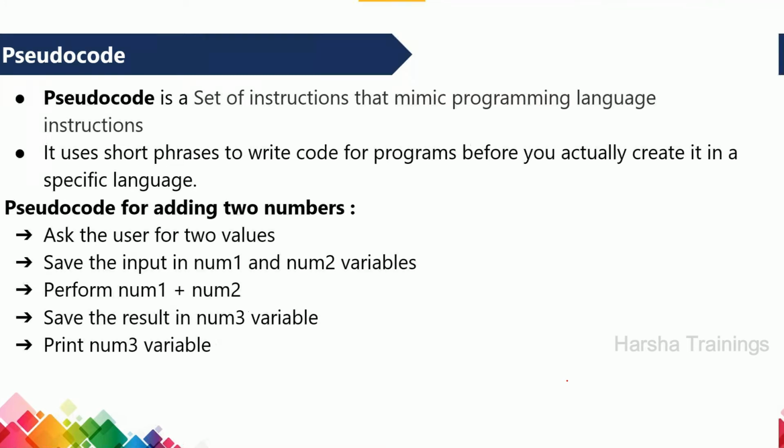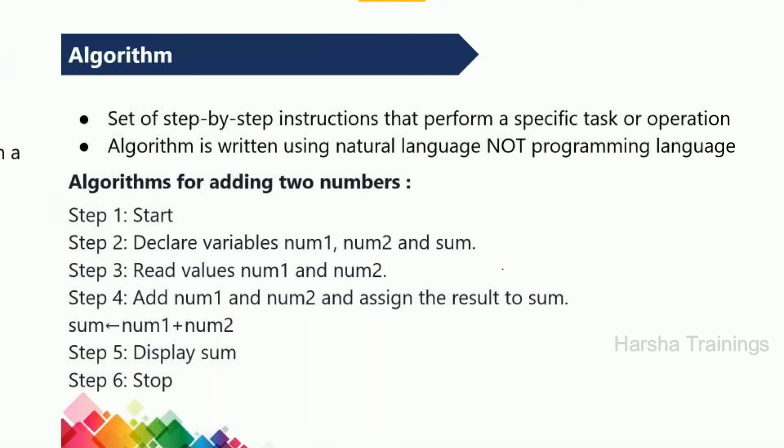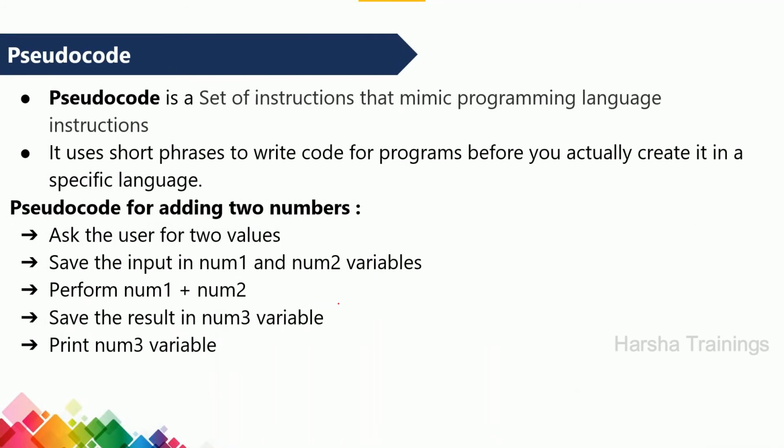For example, compare this one in the algorithm: start, and the last step is stop. We have to declare the variables, read the variables, perform the addition like this. But here, directly, see this one: ask the user for two values, save in these variables, perform addition, save the result and print the result like this.